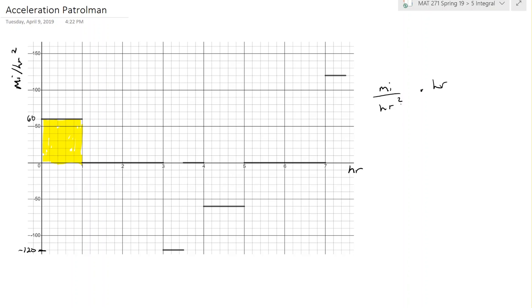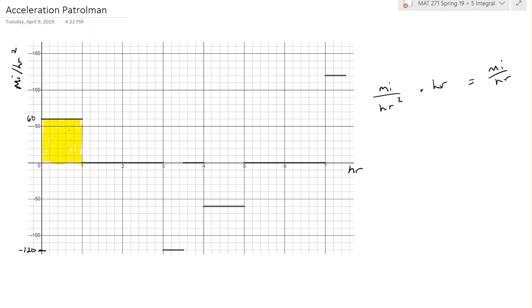We've got miles per hour squared times hours. If we multiply that out, we get miles per hour. Well, in our very basic example, we're just using length times width, right? That's going to be the same as calculating the area between the curve and the x-axis.